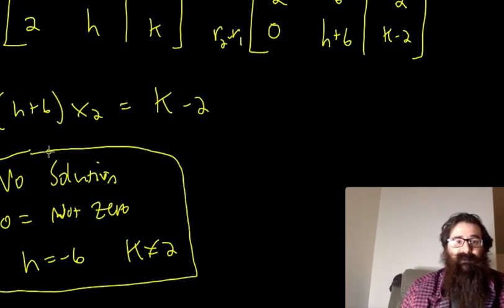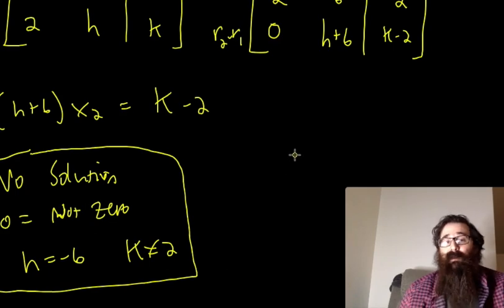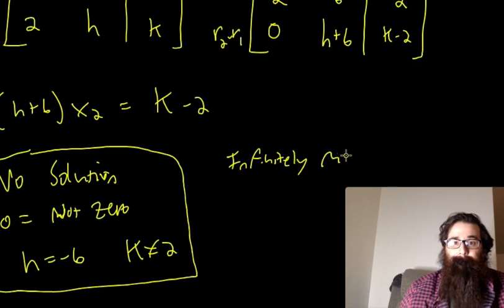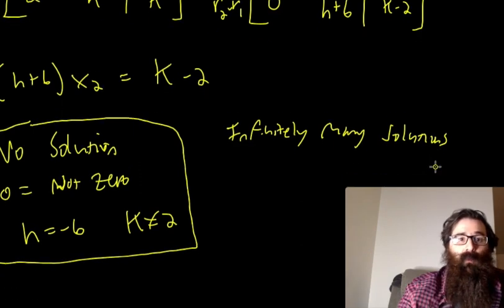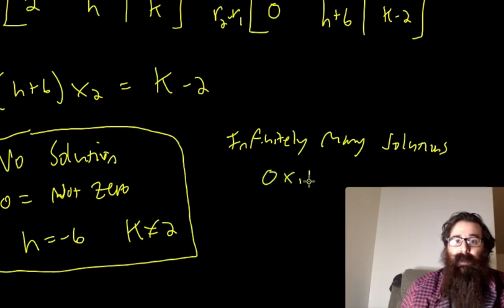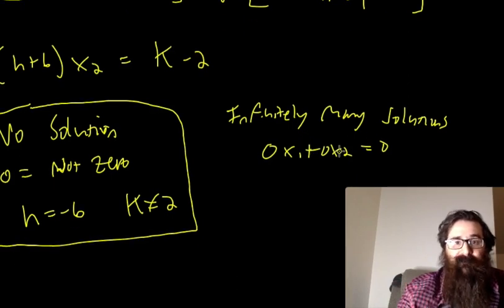Get that inconsistent system. What about, and maybe we'll talk about next, infinitely many solutions. Well, in that case, this should really just be a row of all zeros, meaning I would get a free variable. So then I would want 0x1 plus 0x2 equals 0 to give me that infinitely many solutions.